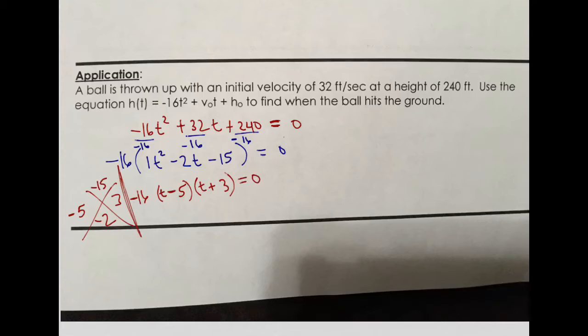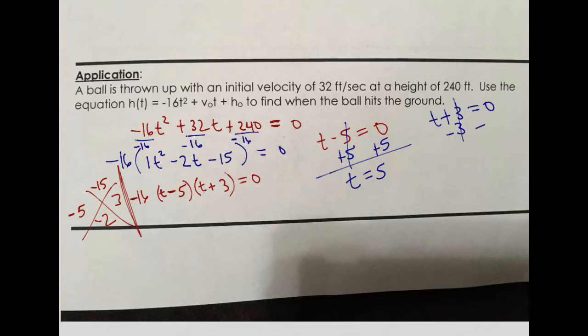We have a t minus 5. We should know by this point that that's going to end up being a positive 5, because we add 5 to get rid of it from that side, add 5 to that side. That is t is equal to 5. And then the other one, that's t plus 3. We should know that this is going to end up being a negative 3, because we minus 3 there, minus 3 there. That leaves t is equal to negative 3.